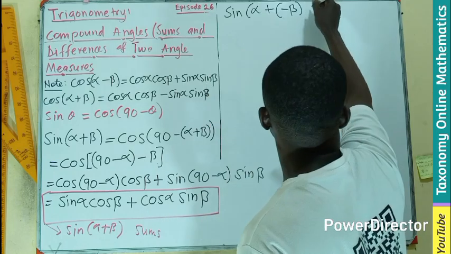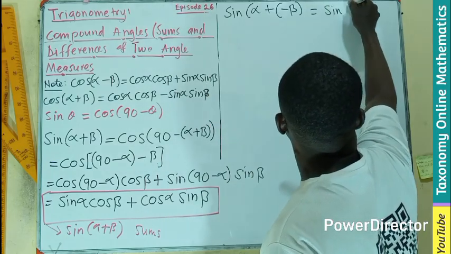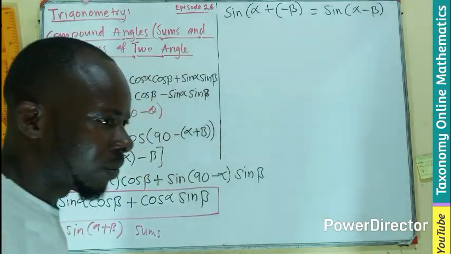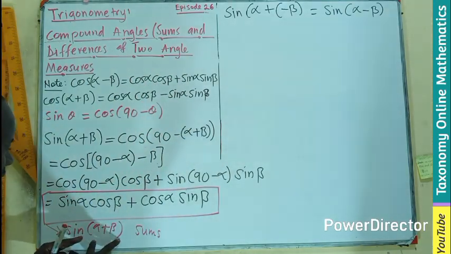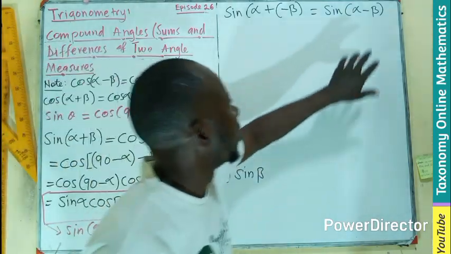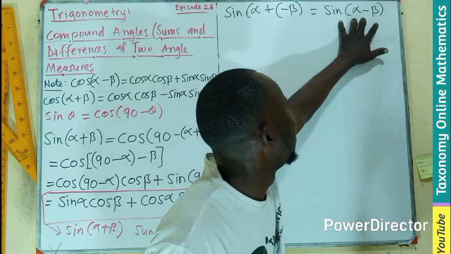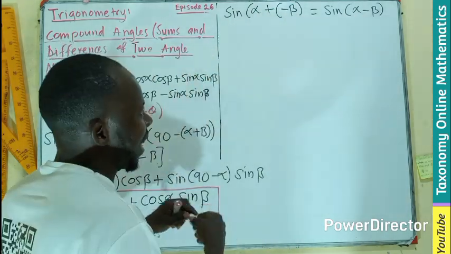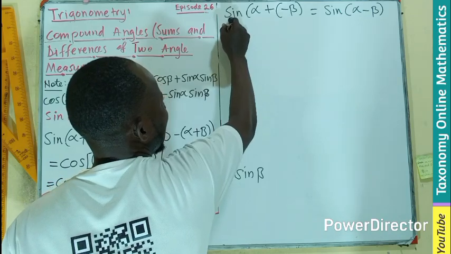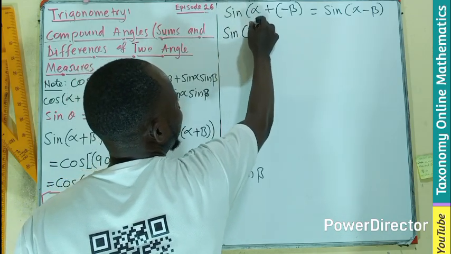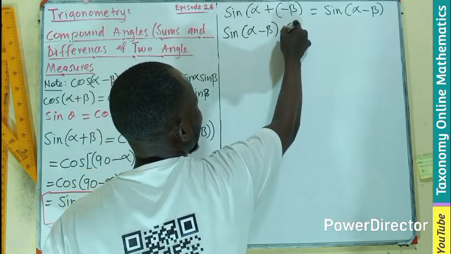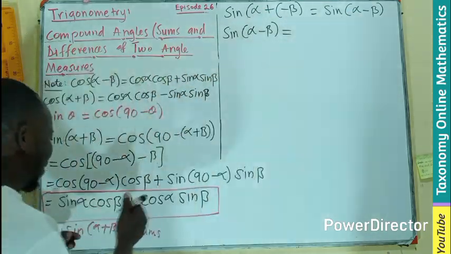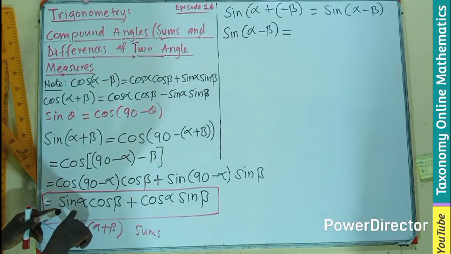I think this will be the same as sine alpha minus beta. Right? Can that be possible? This is the sum, this is the difference, and this difference is the same as this. So if I can write that, that will mean that the sine of alpha minus beta is equal to this.